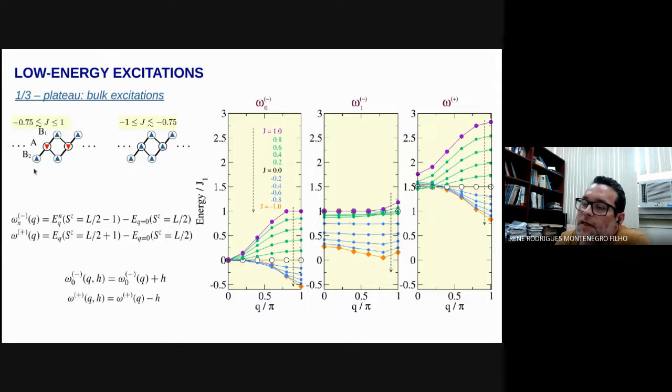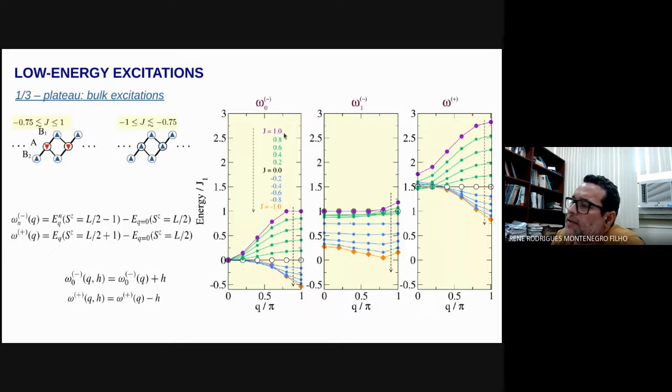We have 3 coupled spin 1/2 in each unit cell, and we will have 3 excitations that we can obtain from these formulas here. Two of them have a dispersive behavior, and one of them is nearly flat.